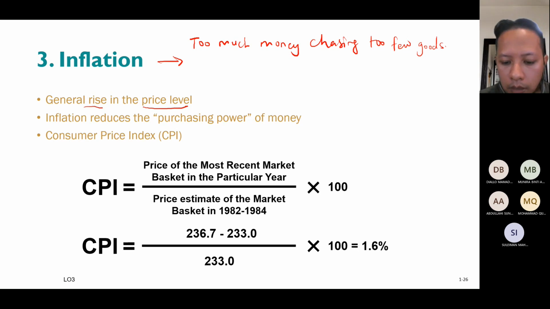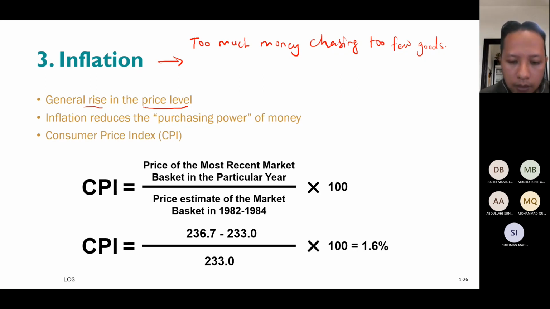Okay, so for example, during this period, there is a disruption to the supply chain. Okay, so China is in lockdown, so now goods that have been coming in from China, we can no longer access. So there are few goods available in the market, and because of that, everyone tries to compete to get these goods, and therefore they will bid up the price.